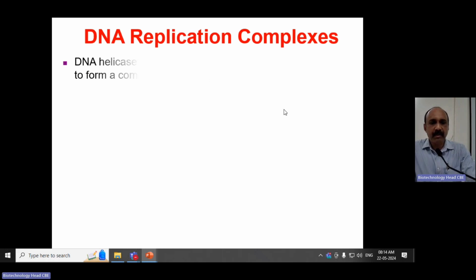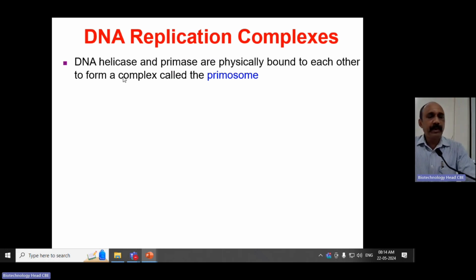Now the DNA replication complexes, the proteins that are involved: the DNA helicase and primase are physically bound to each other, which is called the primosome. The helicase and the primase, which adds the DNA primer, together are called the primosome.